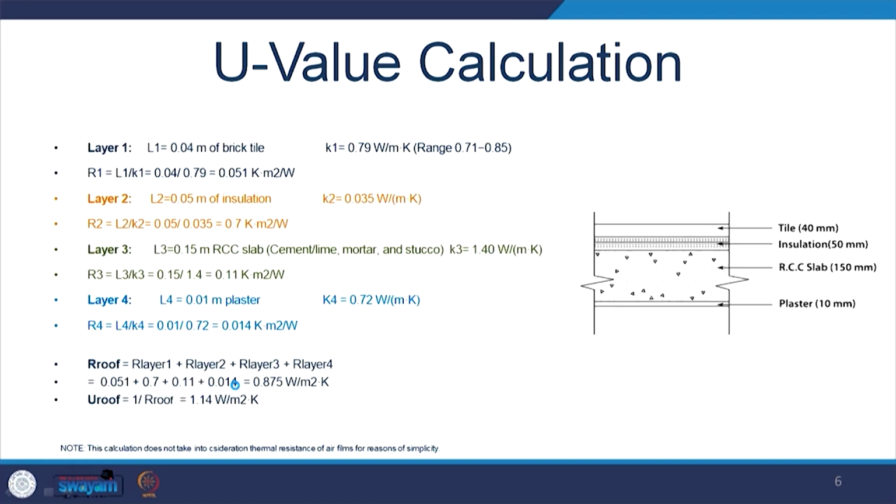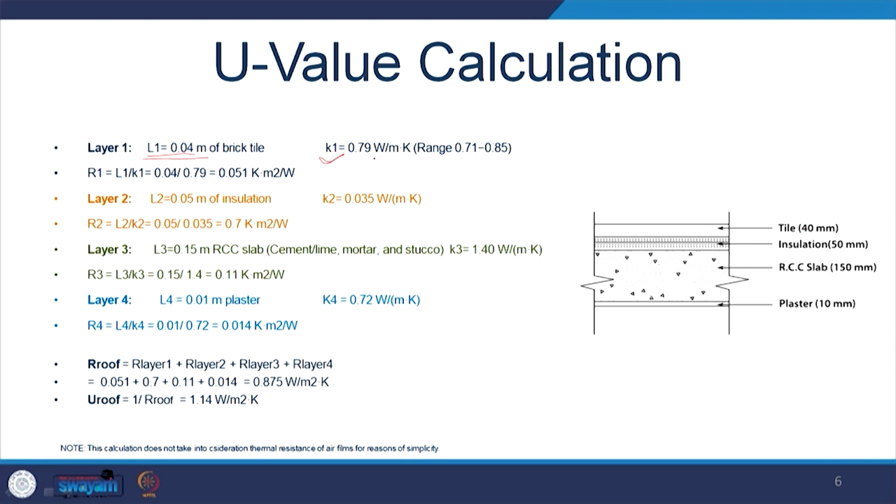Looking at ECBC, ECBC also has annexures where individual properties for these materials separately are given. So for each of these 4 layers, 1, 2, 3, 4, we first write down the thickness of the material in meters, and from the ECBC annexure we note down the conductivity value for the given material.